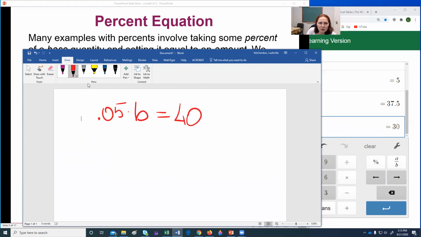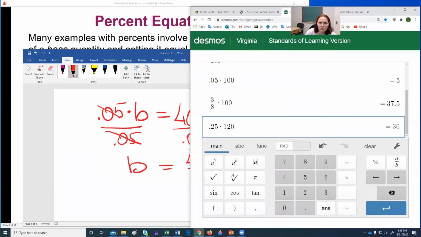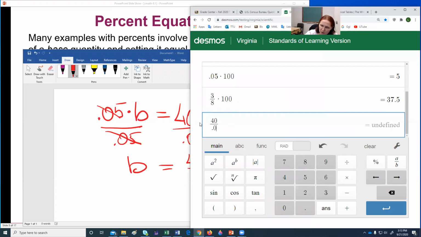We need to solve this equation for B. B is multiplied by 0.05, so we must divide by 0.05 both sides of the equation to get B. 40 over 0.05. And you can use calculator here. 40 divided by 0.05 is 800.